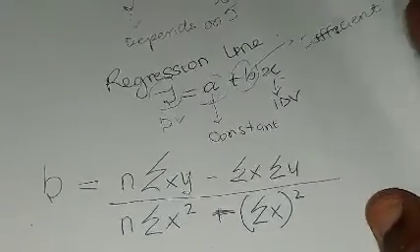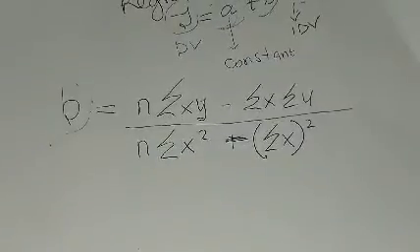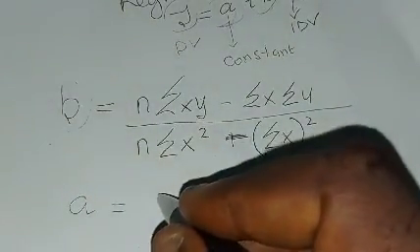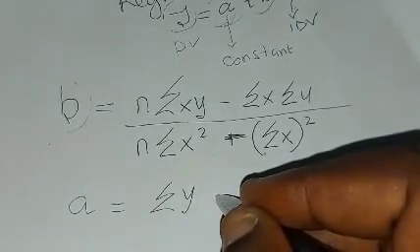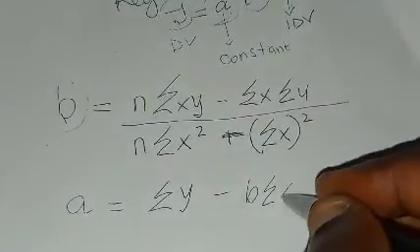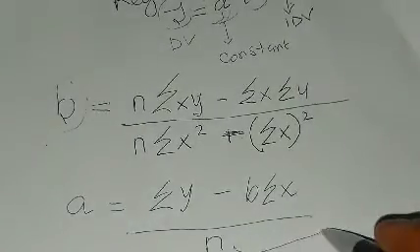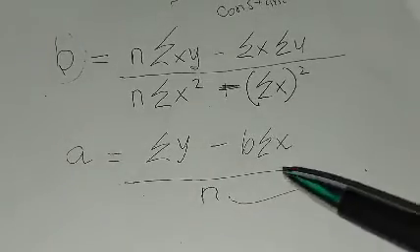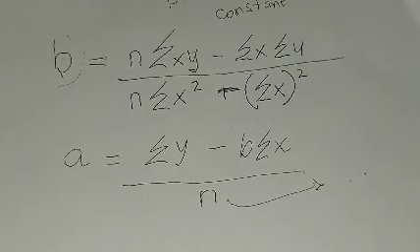That's the first variable to calculate. Then you calculate the value of a, which is summation y minus b summation x, all over n, where n is the number of elements in the data.